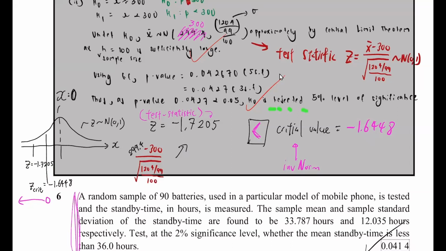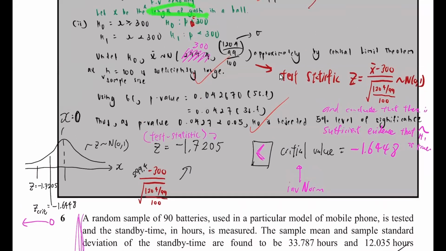Maybe your sentence needs to fill in the blank a bit more. And conclude that there is sufficient evidence. Oh no, not enough space. Sufficient evidence that H1 is true. Of course, you try not to just write down H1. Contextualize. What is H1?